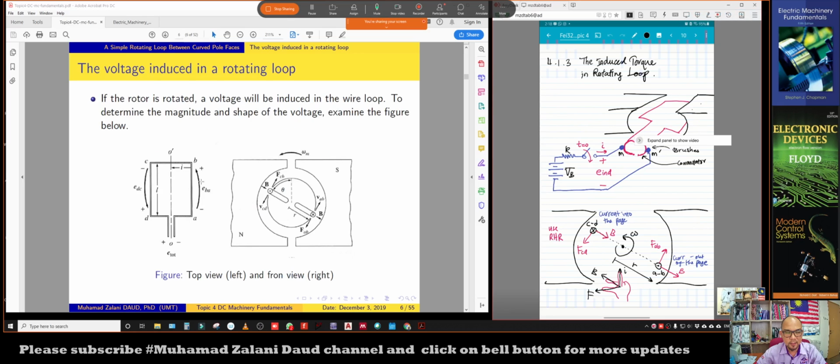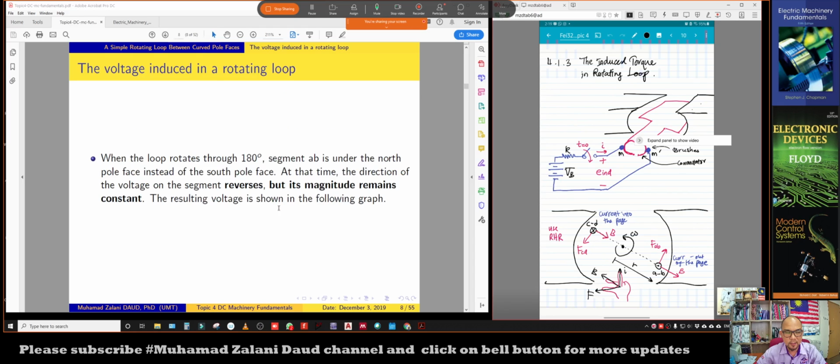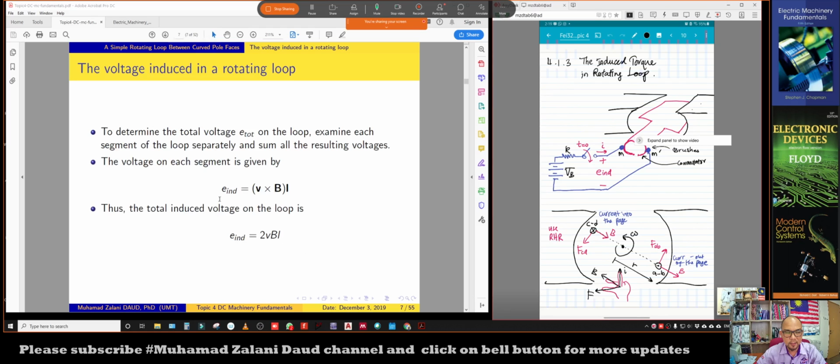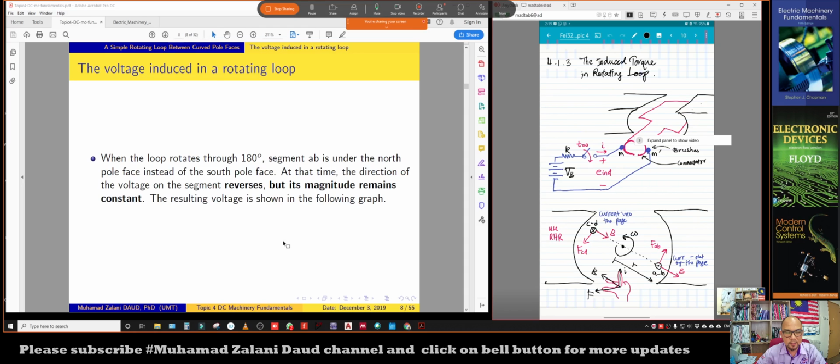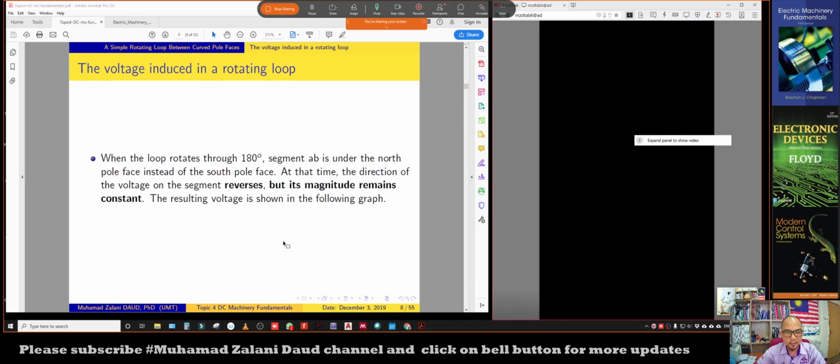This is when we turn this wire loop of the rotor inside this stationary, uniform magnetic field under the curved pole faces of the stator, as you can see here. Then we found that the induced voltage was 2vBL. That one is the machine that was working as a generator.